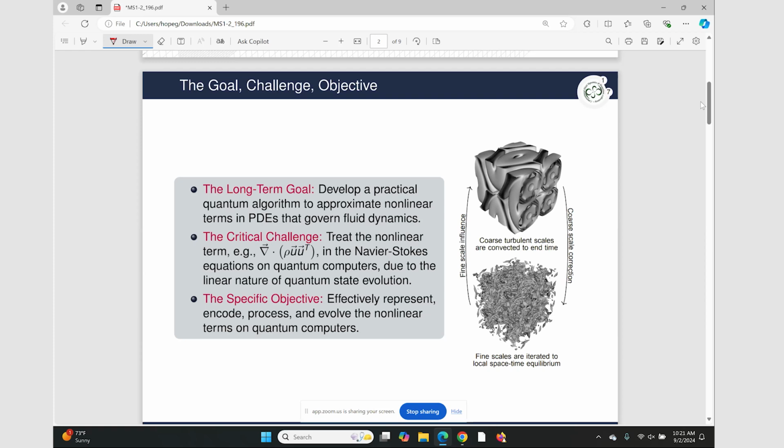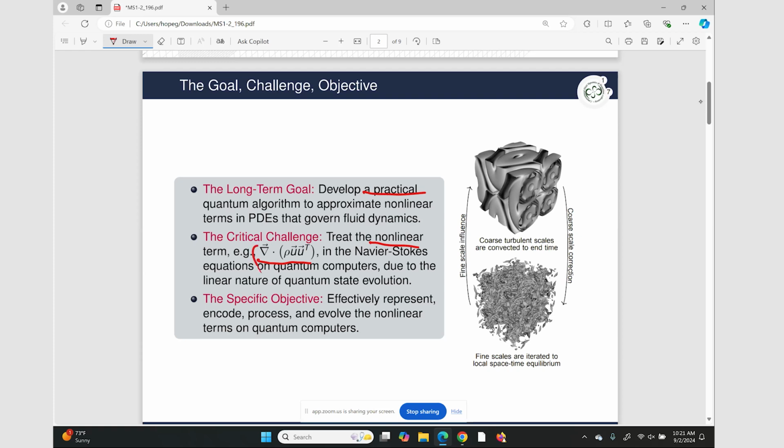So the long-term goal, as I said, is a practical algorithm for high Reynolds number turbulent flow. But the critical challenge is addressing these nonlinear terms. We have a lot of packages for how to solve linear systems, or linearize the nonlinear terms. But can we actually address the nonlinear terms directly?